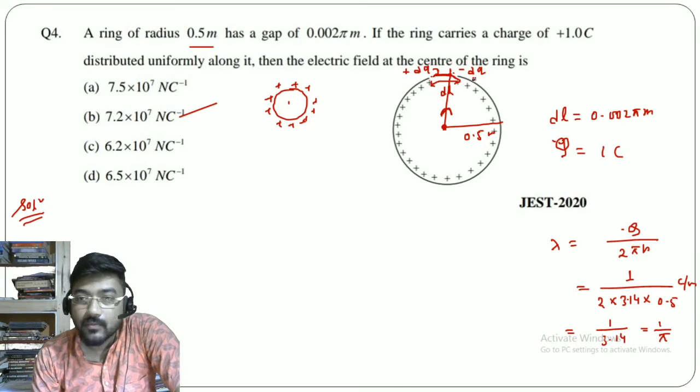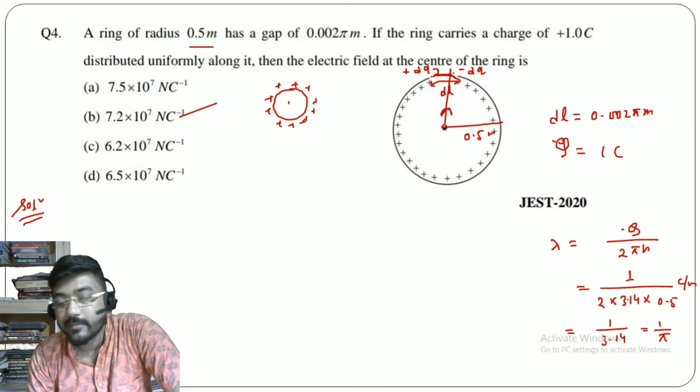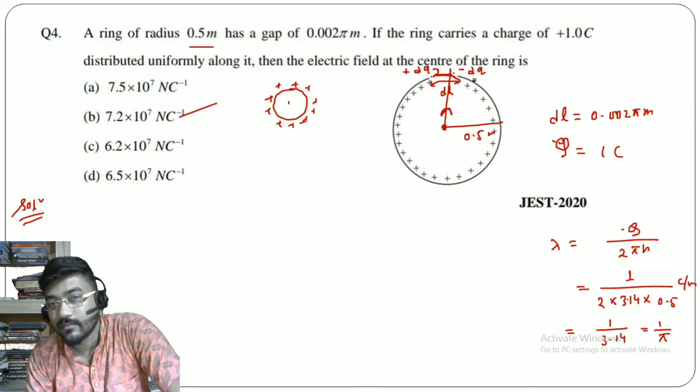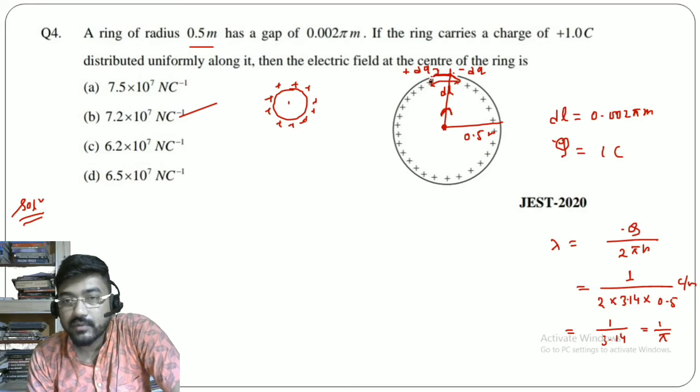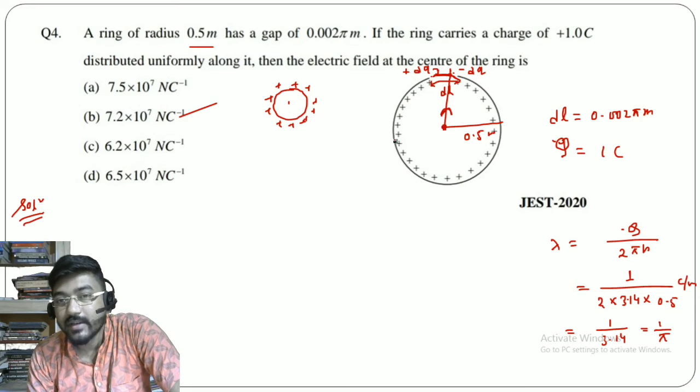The only charge left to give the electric field at this point is minus dq, because the plus dq charge is utilized to complete the ring. That leads to 0 electric field at the center.